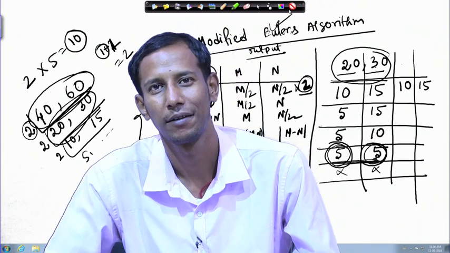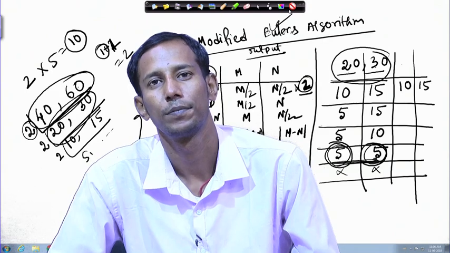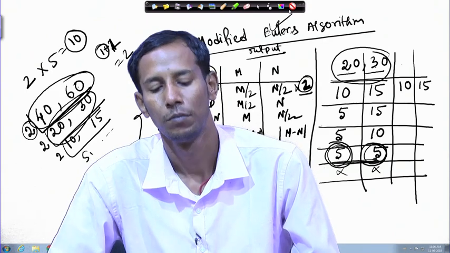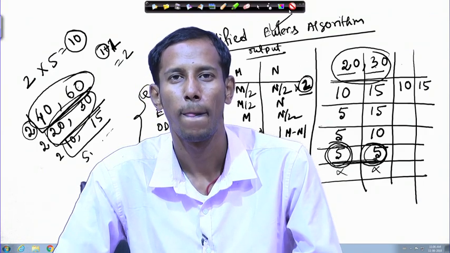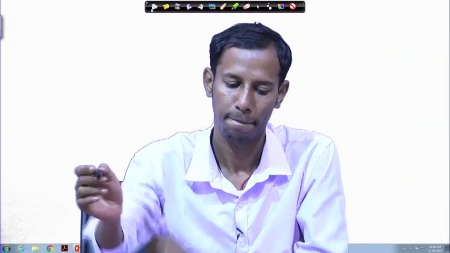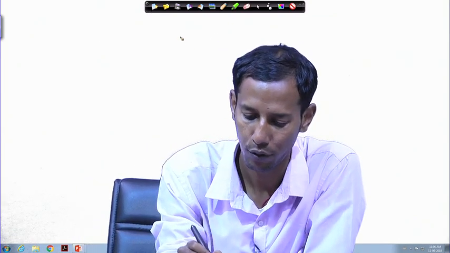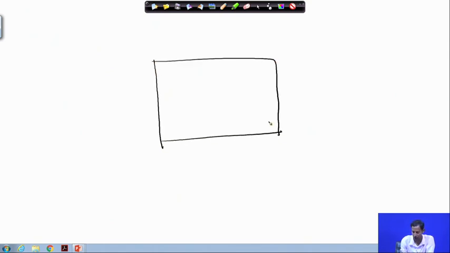How can I do that, or where do I have to start? For that, initially I have to make the corresponding operation table. Operation table means it is just same as this.